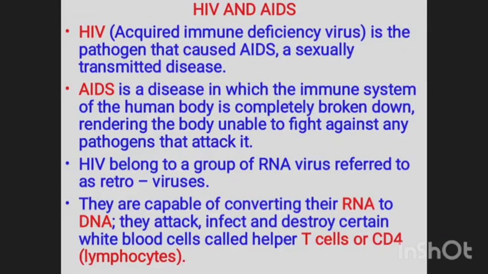and destroy your white blood cells, which we call the T cells, or we call it what? CD4, or you call it what? Lymphocytes. Lymphocytes are the ones responsible for fighting diseases, engulfing diseases in your body, or you call it what? The T cells. These T cells make up your immune system.